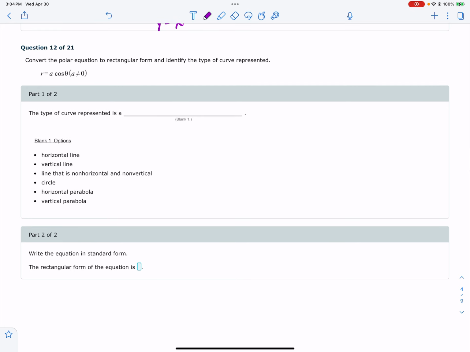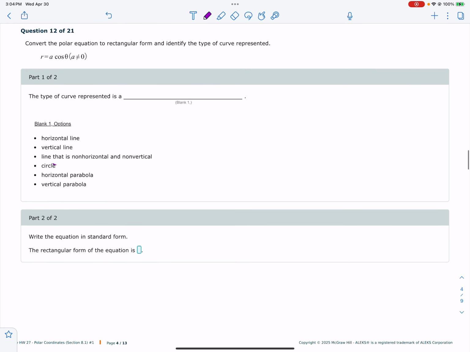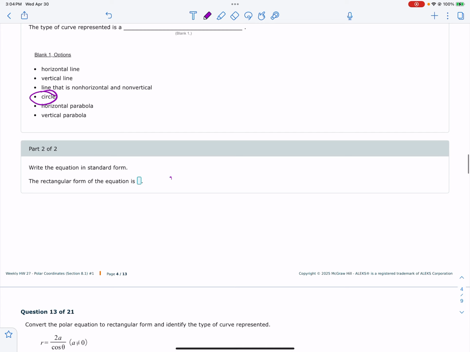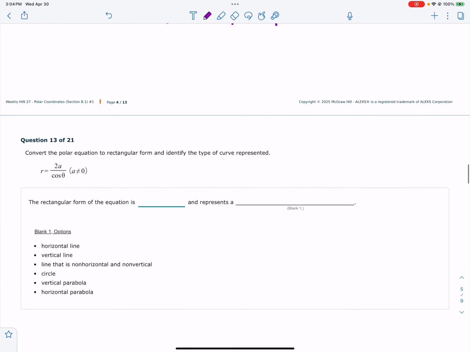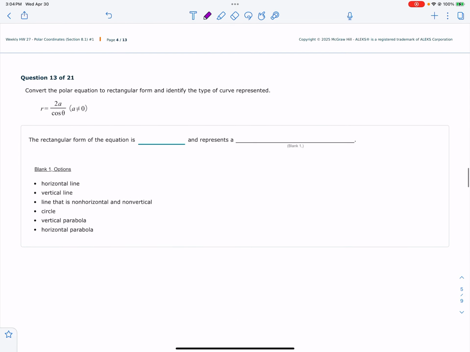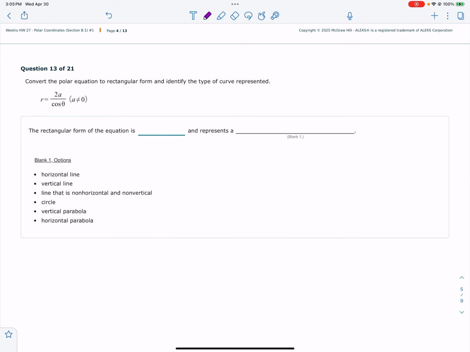Okay, so this one is just like the cosine one we just did. It's going to be a circle, and instead of the a over 2 being on the y, it's now going to be on the x. Okay, so let's see.